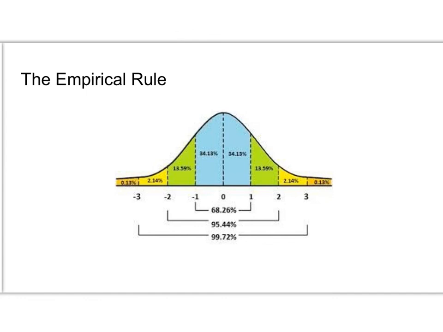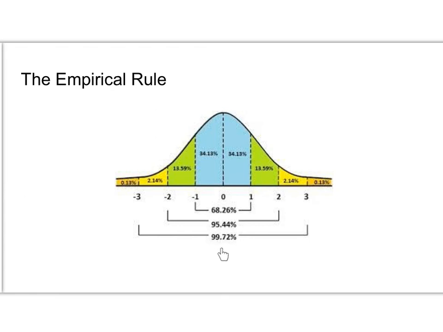So, the use of the empirical rule is to answer questions like how many percent of the data or the distribution is within one standard deviation. You can simply use the rule and say it's around 68%, and with the decimal value, 68.26%. How many values are within two standard deviations? We have around 95.44%.